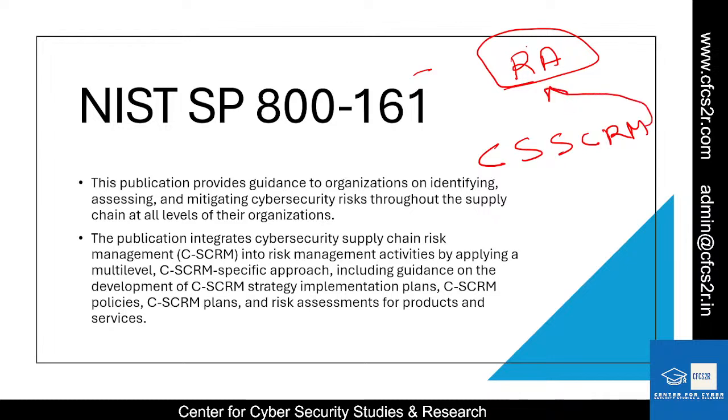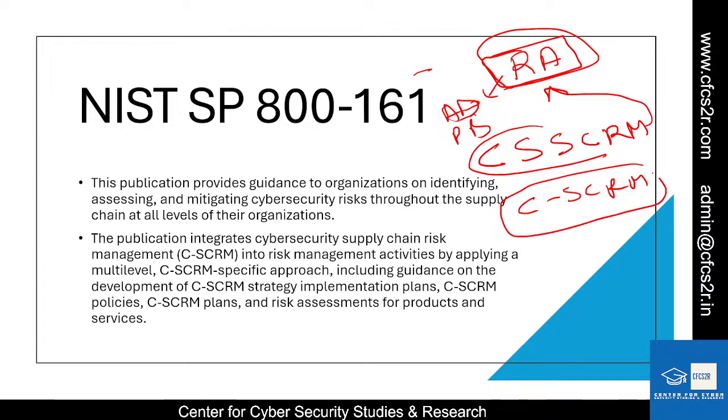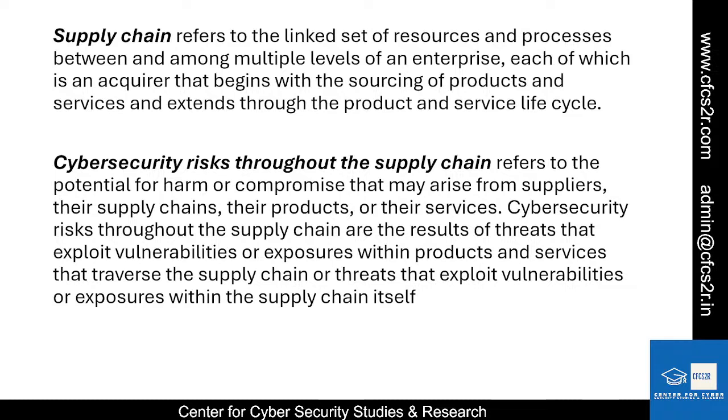Okay, so whenever you are doing the risk assessment of your organization, whether it is an asset based risk assessment or a process based risk assessment, that's not an issue, but add C-SCRM, cybersecurity supply chain risk management, into your organizational basic risk assessment. So this is the major part NIST SP 800 is taking care of.